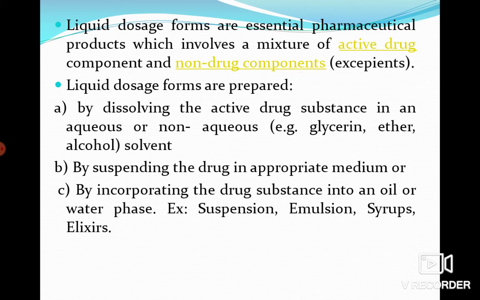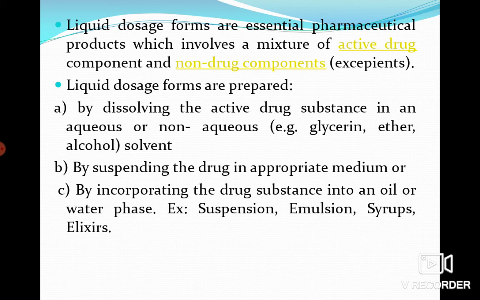And these are basically formed by dissolving the API either in an aqueous system or in a non-aqueous system, or by suspension using a suspending agent, and by incorporating the drug substance into an oil or water phase, for example suspensions, emulsions, syrups and elixirs.